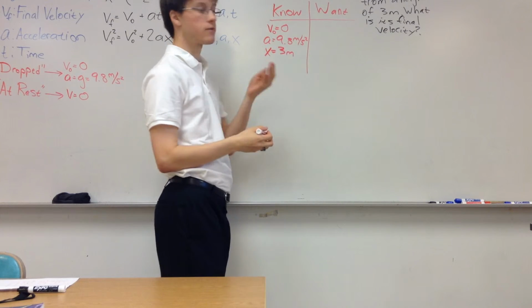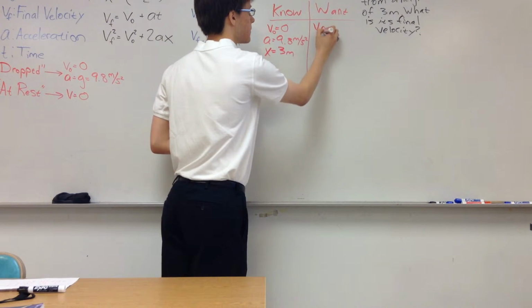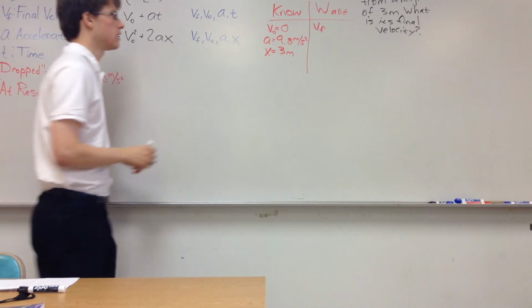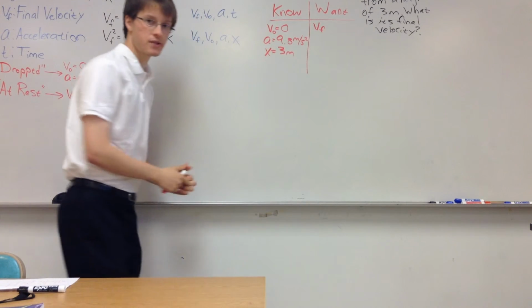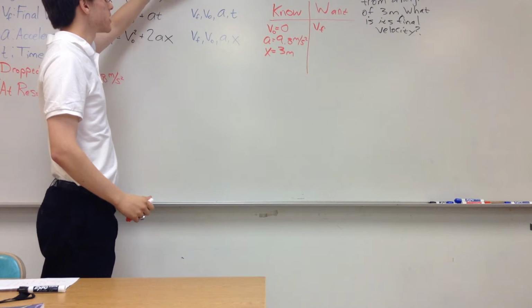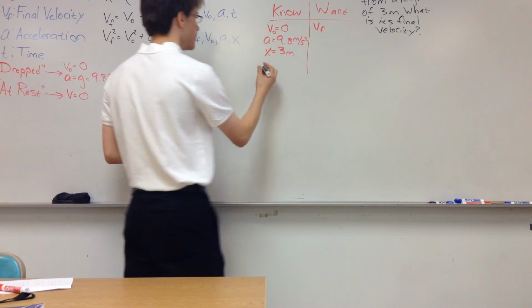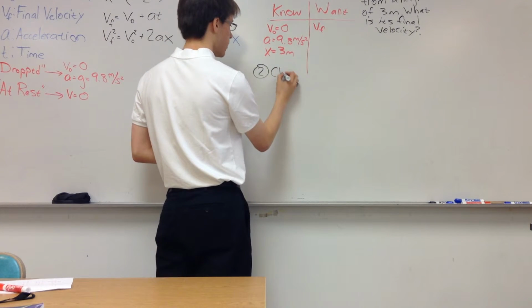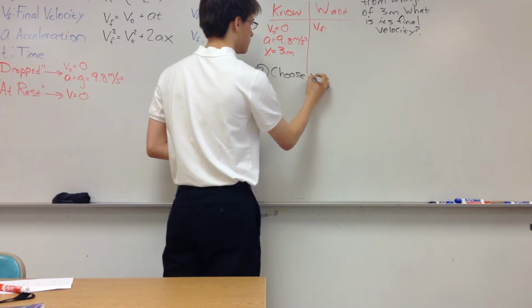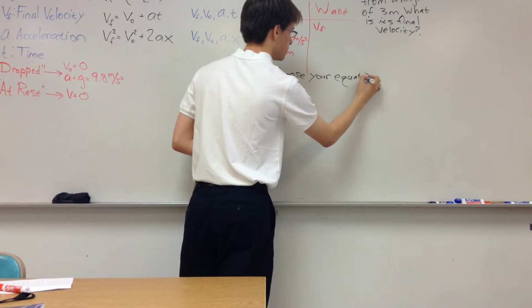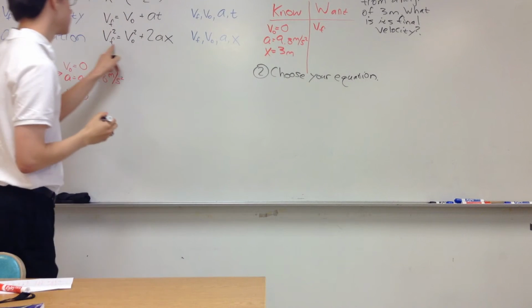And it asks what is its final velocity. So we're looking for v sub f. So we're going to relate x, a, v naught, and vf. So basically, those are the 4 you have. Go through here and see which equation matches your needs. So that's step 2. Step 2 is choose your equation. And in this case, it matches this one.